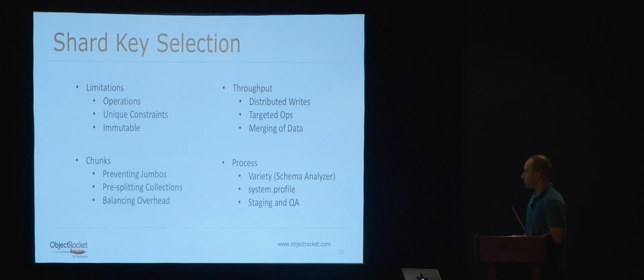And then last, test this in a staging environment and QA it. Don't go right to production with this because if there's a use case you didn't find in the profiling, you may break operations, writes could stop happening, and you'd have to unshard that collection, which will result in some type of downtime, depending on how large the collection is.